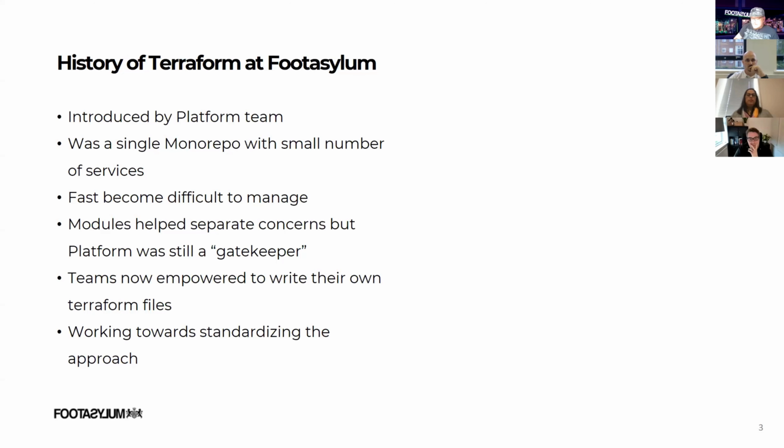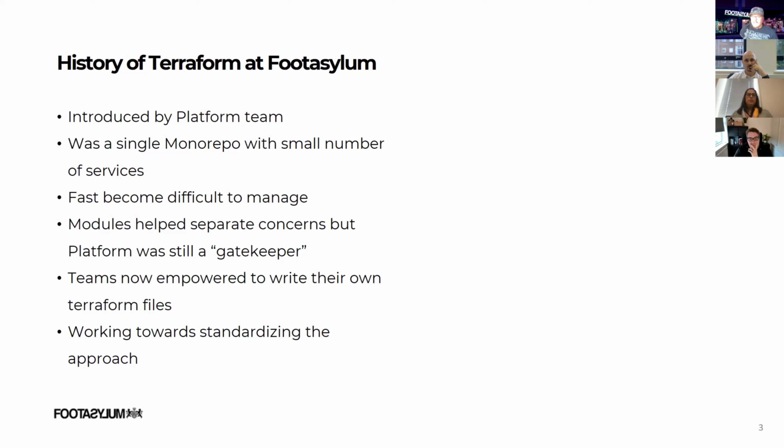Part of the learning journey that we've taken is how we manage the files that we were putting in the Monorepo and how we would build them into the environments. We've hung on to some of the aspects of the way we used to build and deploy, but we're starting to change that.